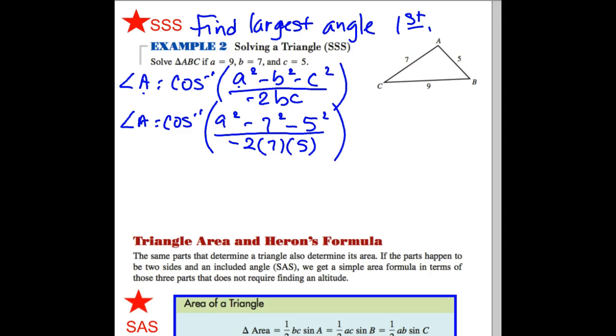So what is the bottom number going to be in the denominator there? Negative 70. So if you want to just type it in divided by negative 70, you can do that as well. All right, what do we get? I'm getting 95 something. 95.739.